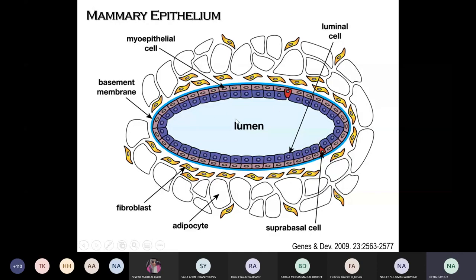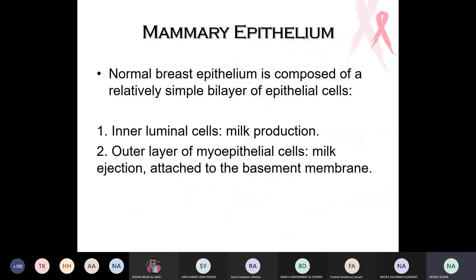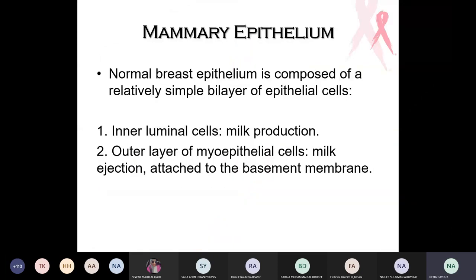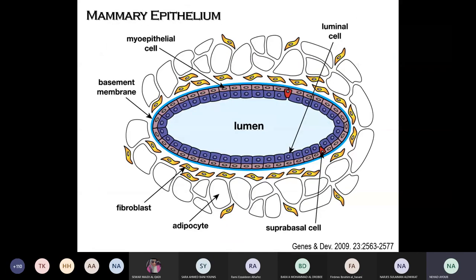It moves from the lobules all the way through the ducts and eventually through the nipple during the breastfeeding process. So in the normal function of the mammary epithelium, I have two different types of cells, luminal and myoepithelial, forming a structure that is essential to synthesize and secrete mammary milk.